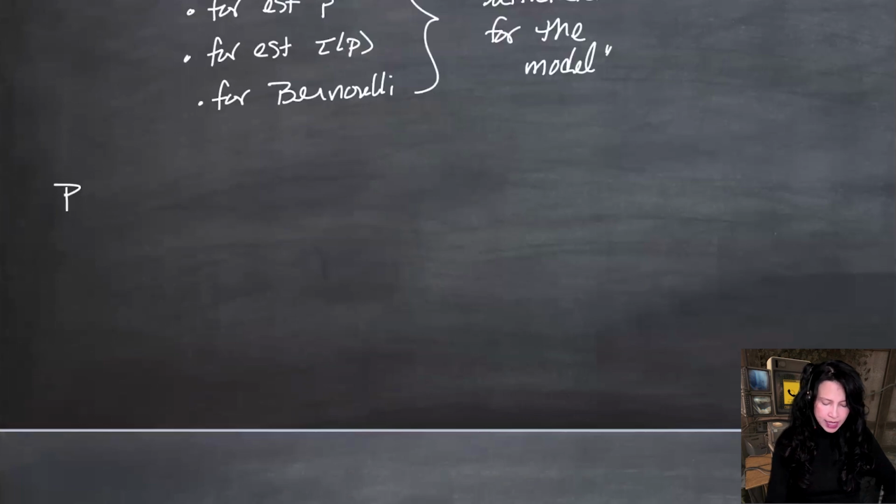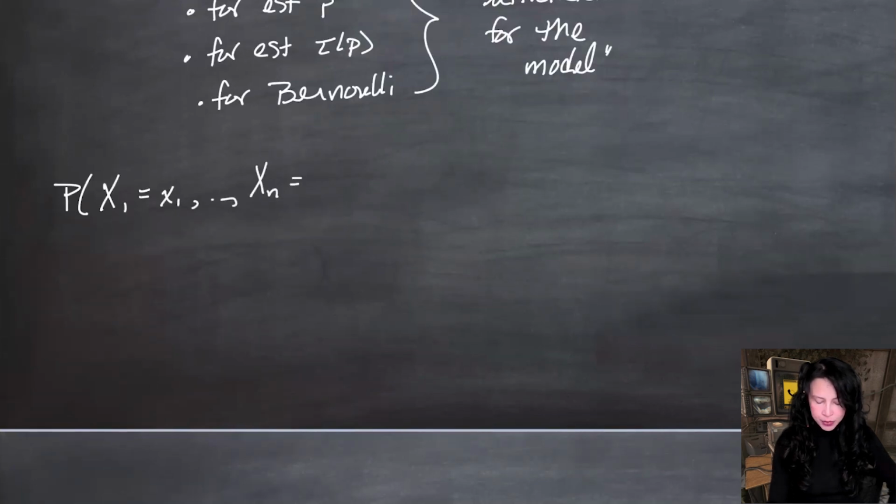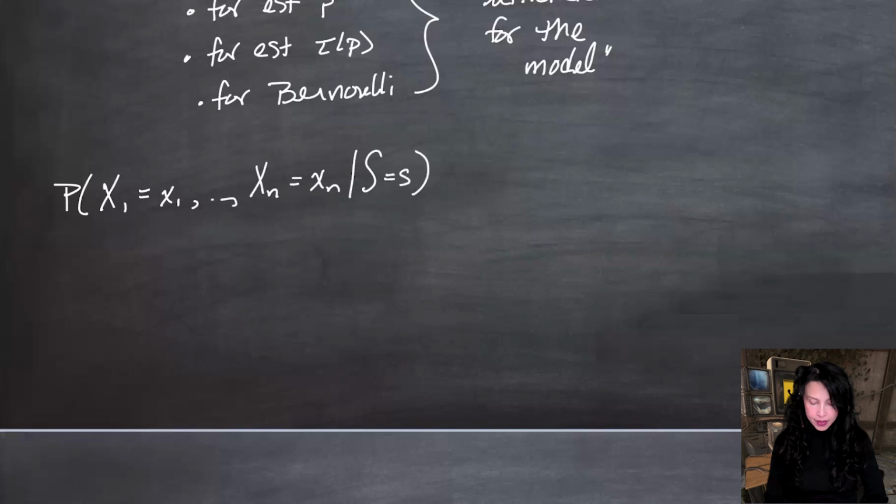The probability, I want to look at the joint distribution of x1 through xn, given the sufficient statistic has been fixed for us. And so because things are discrete, I can write this as probabilities. I'm going to look at the joint probability that capital X1 equals little x1 through capital Xn equals little xn, given S equals some little s. How would you compute this probability?